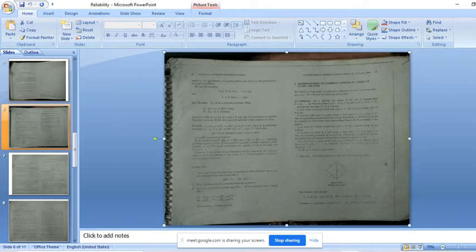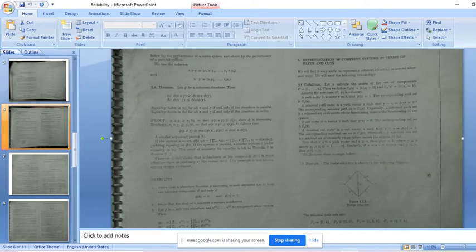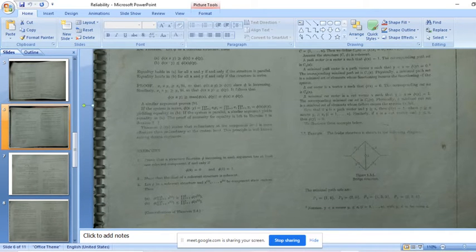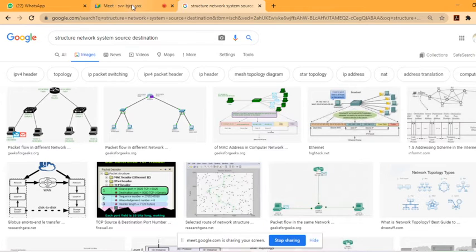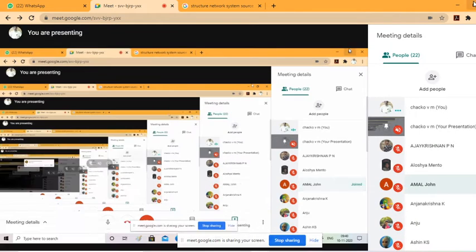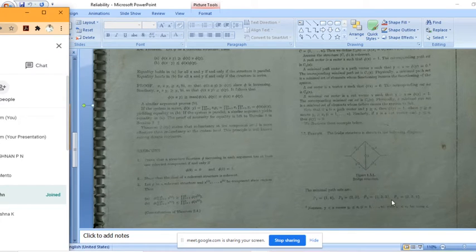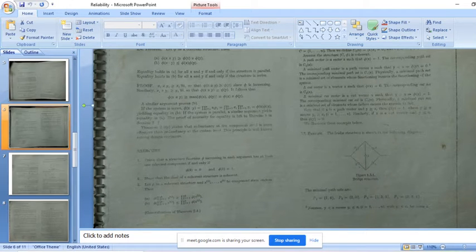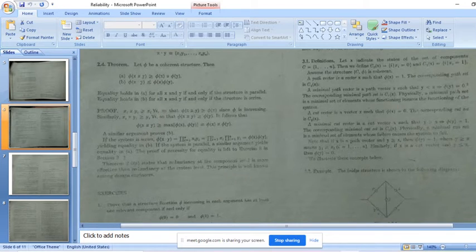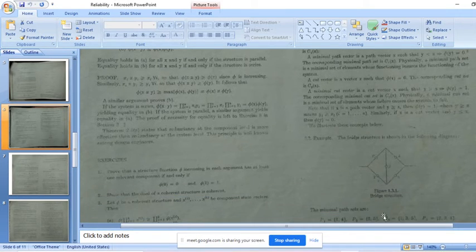Yeah, what is the specialty of this bridge system? This is a bridge structure. This is an example of a bridge structure.